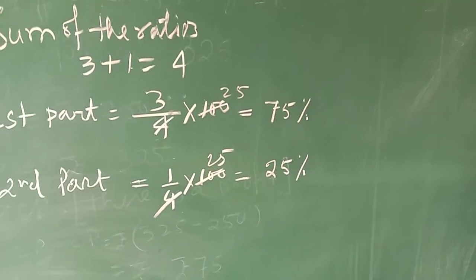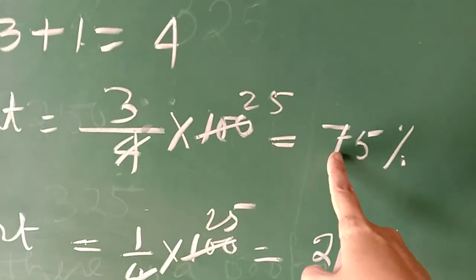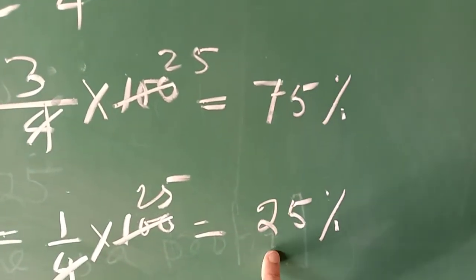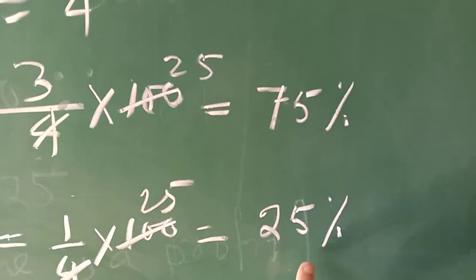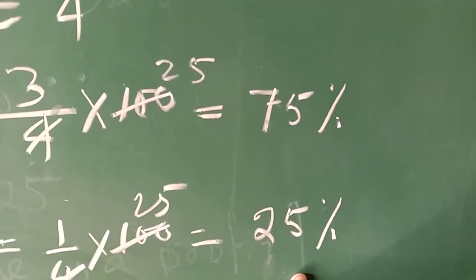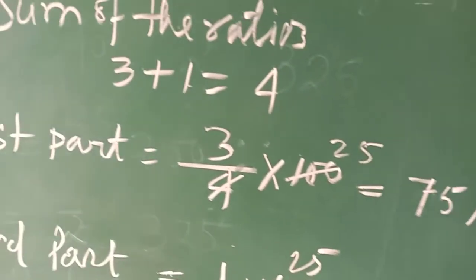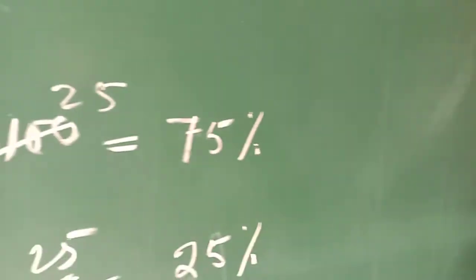Out of 100, first part will be 75% and second part will be 25%. So if you add them, you will get 100%. That means 100%. In this way, you have to do this kind of sum also.